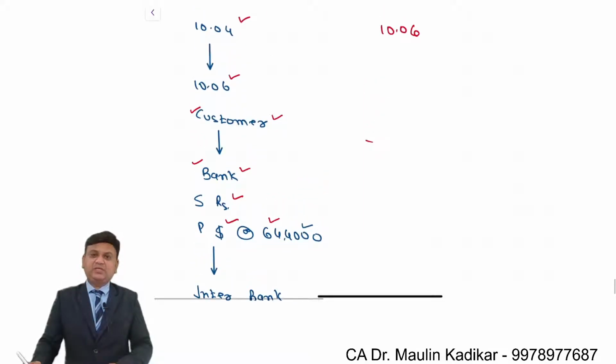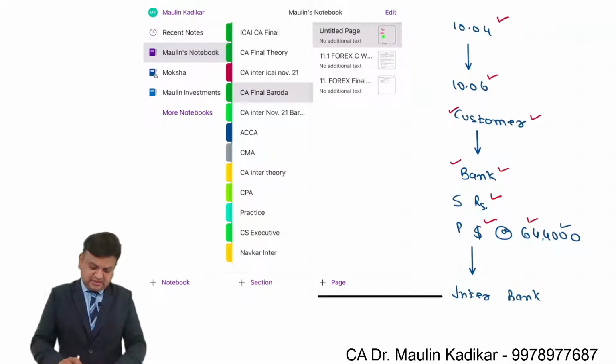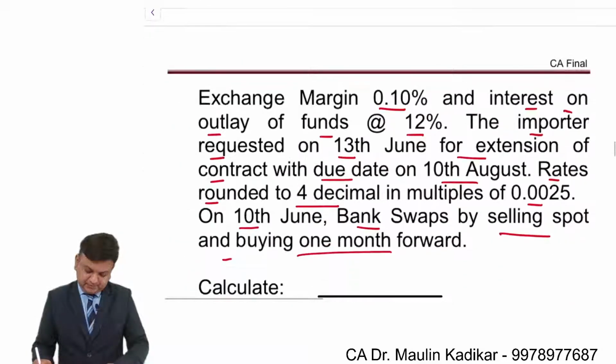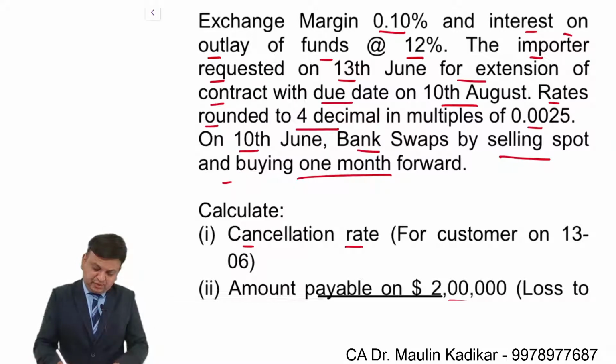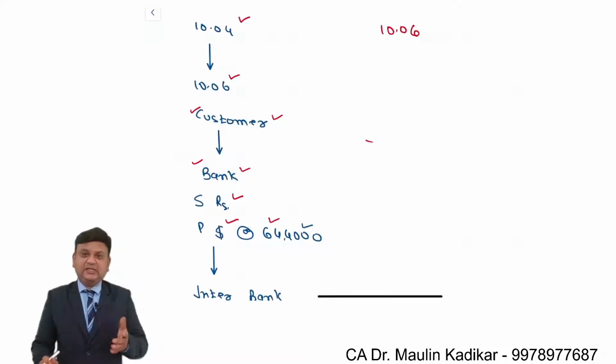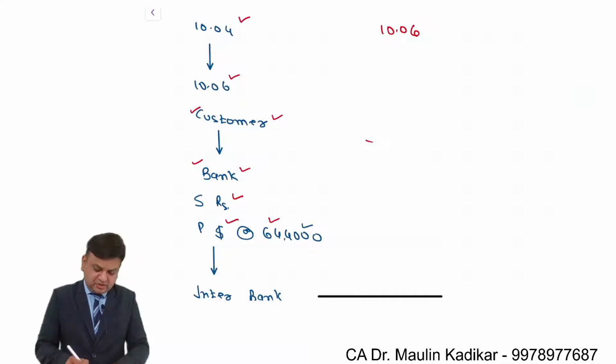However, this time the question is providing the information that the importer requested on 13th of June for extension of the contract with a due date of 10th of August. It means that indirectly the question is telling us that on 10th of June, the customer did not come at all.